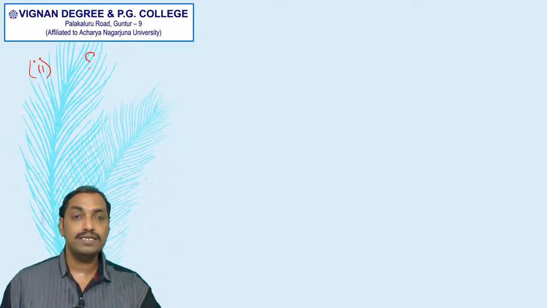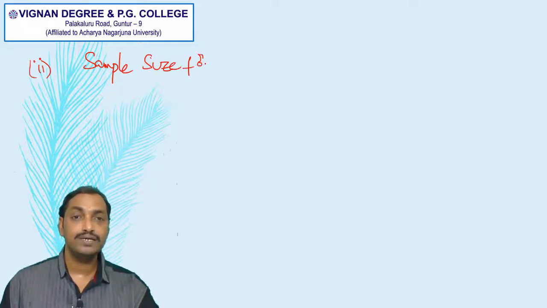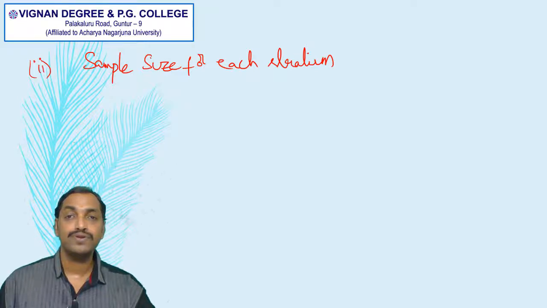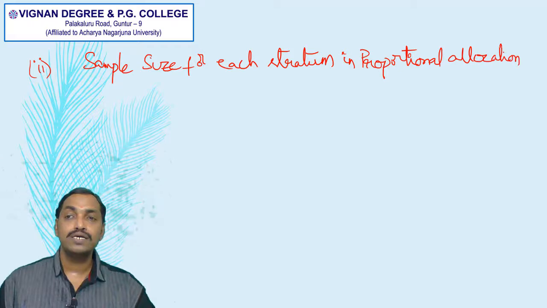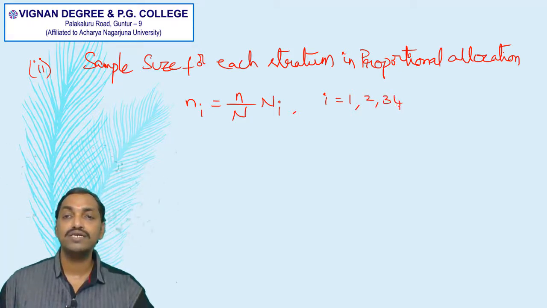So the sample size for each stratum in proportional allocation is given by the formula small ni is equal to small n divided by capital N into capital Ni. Here there are 4 strata in the given data, so i is equal to 1, 2, 3, 4.